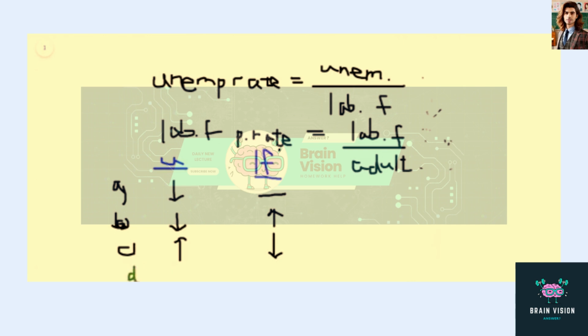That's question D. The unemployed number doesn't change. What about the labor force? If she decides to be a stay-at-home mom, the labor force decreases, so the unemployment rate is going to go up. What about the labor force participation rate? This goes down, and the number of adults doesn't change, so this goes down as well.